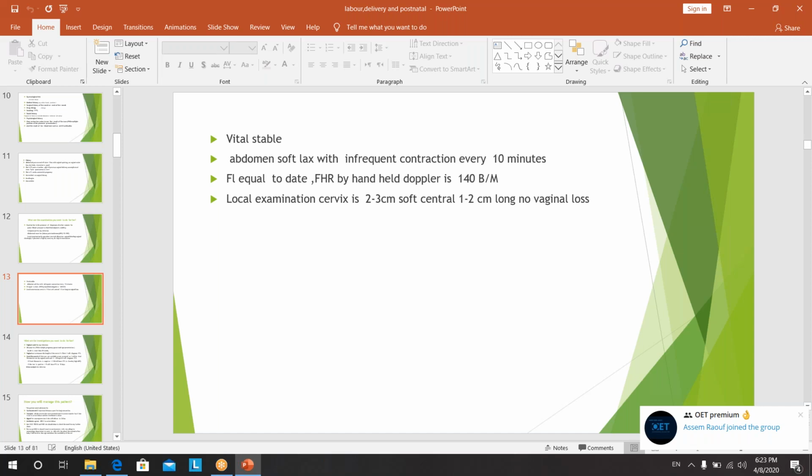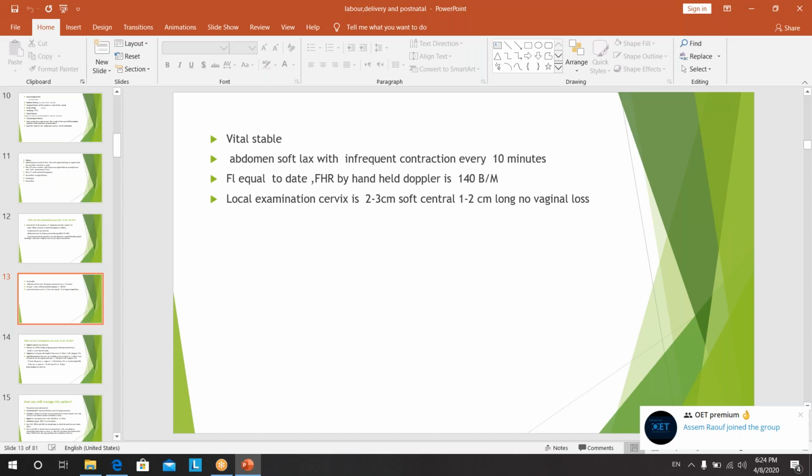And also I'll inform the hospital where she is being shifted about the arrival of the mother and the baby, and make sure that the NICU facilities are available. I'll inform them what treatment has been given and what the findings are, and make sure that the consultant and the pediatrician are available at that hospital.